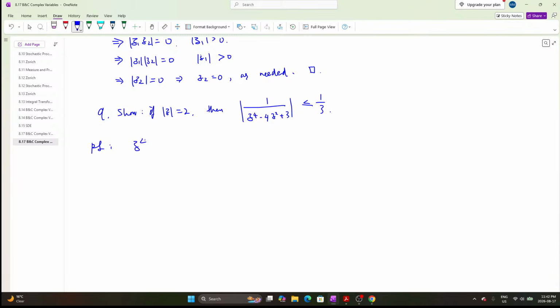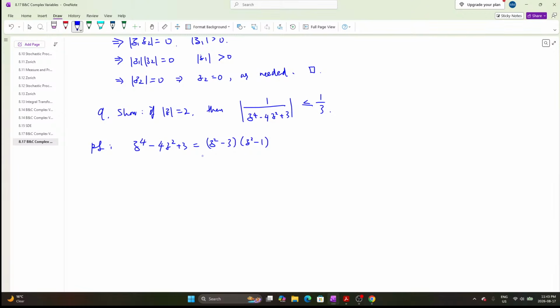You get z to the fourth minus 4z squared plus 3. This is z squared minus 3 times z squared minus 1. Okay, so we need a lower bound for this product.